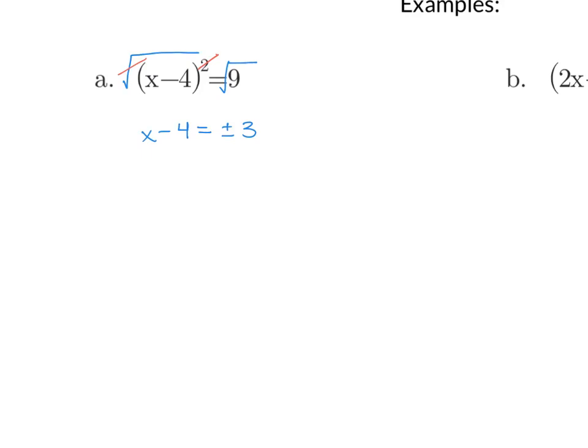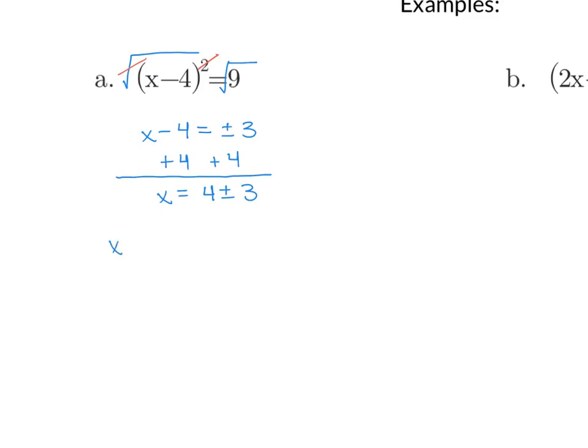Now we want to finish solving. To get x by itself, I'm going to add 4 to both sides. And you do need to be careful when you do this. This is not plus and minus 7. This is 4 plus and minus 3. Now I want to separate this.